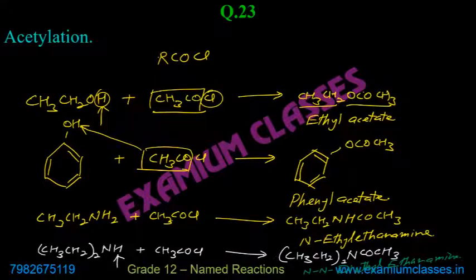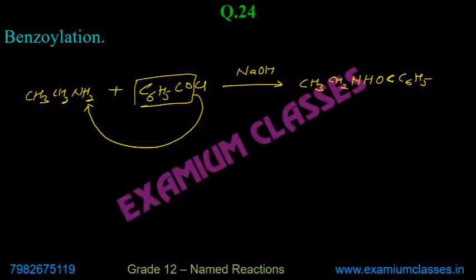When it is done with benzoyl chloride, it is called benzoylation. The benzoyl group gets attached and replaces hydrogen. Again, as I said, it is primary and secondary amines only, because a tertiary amine doesn't have any hydrogen to be replaced. So for example, (CH3CH2) whole twice NH, a secondary amine.